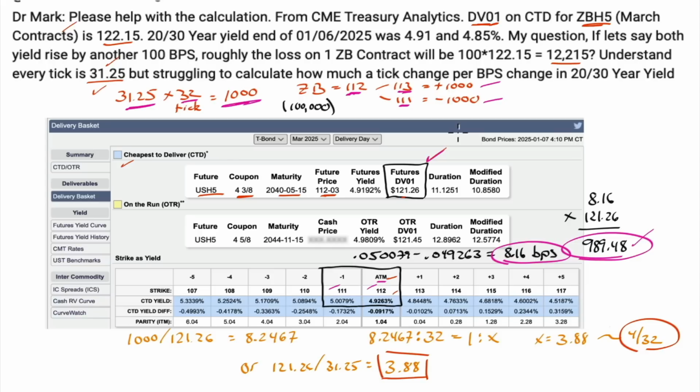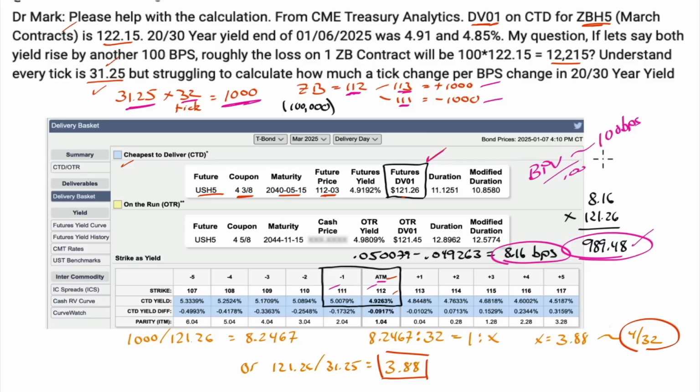We're at 989.48, and that is because the futures doesn't, if you're using DV01, you don't get any convexity in there. If you were using basis point value, it will import convexity because basis point value is calibrated for 100 basis points, and then you simply divide it by 100 to get a basis point value.